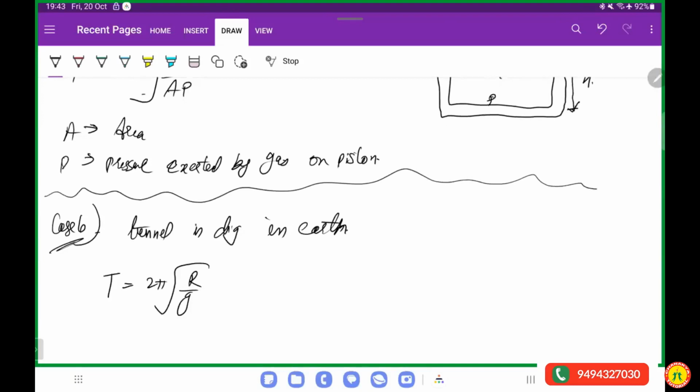Now if we take R as the radius of earth and g as gravitation, we'll get almost 84 minutes 36 seconds. It's almost like this value. This is like a diameter type, or we can say diametrically.